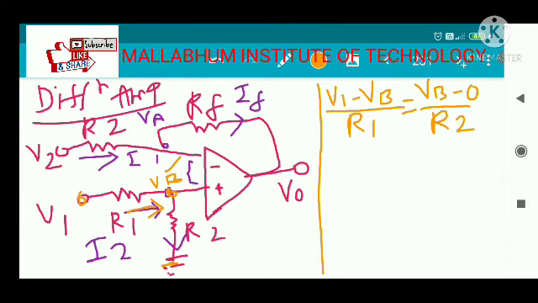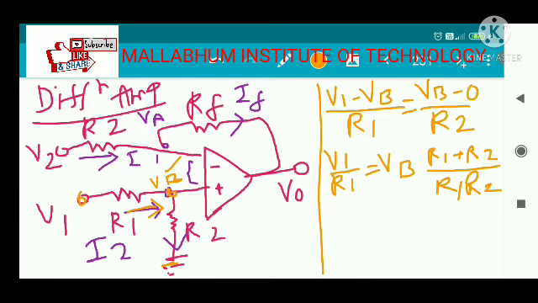So V1 divided by R1, you can solve it, is VB into (R1 plus R2) divided by R1 R2. You can solve on your own and you get this equation. VB is this node potential.